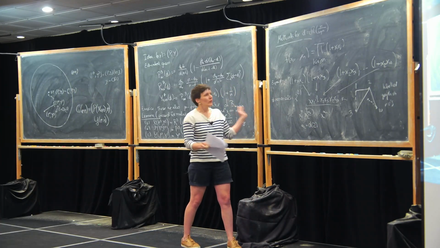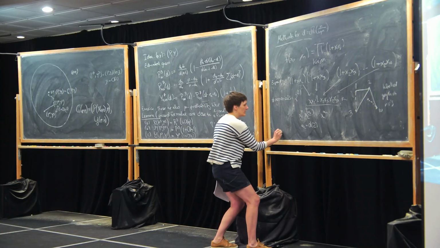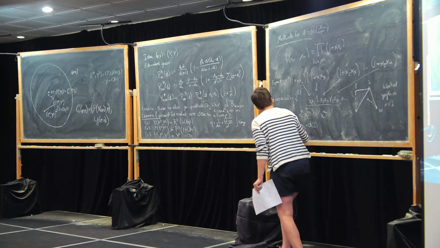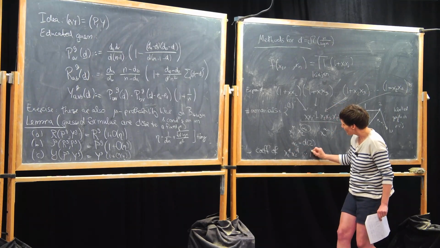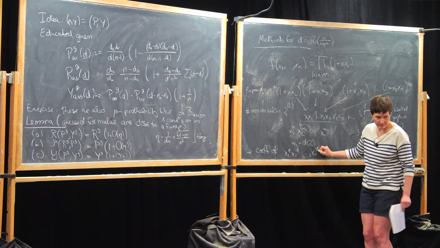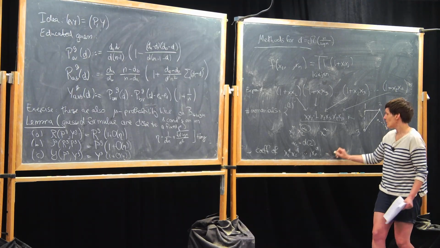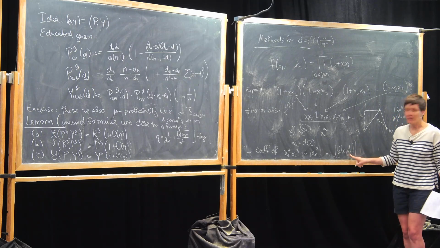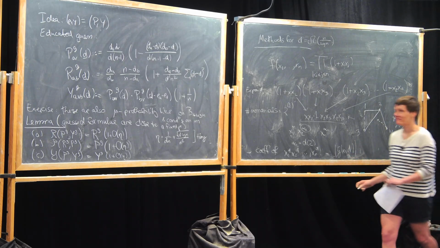Okay, so now you collect all of the terms together. So what that means is that the coefficient of x1 to the d, x2 to the d, up to xn to the d is the number of labeled graphs on n vertices where every vertex has degree d. Okay, that's a generating function approach.